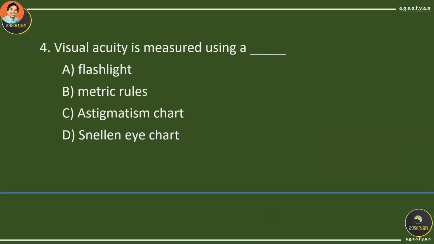Visual acuity is measured using A, B, C, or D. So you did this experiment using this chart to know whether your vision is normal 20/20 or not. So which one do we use?